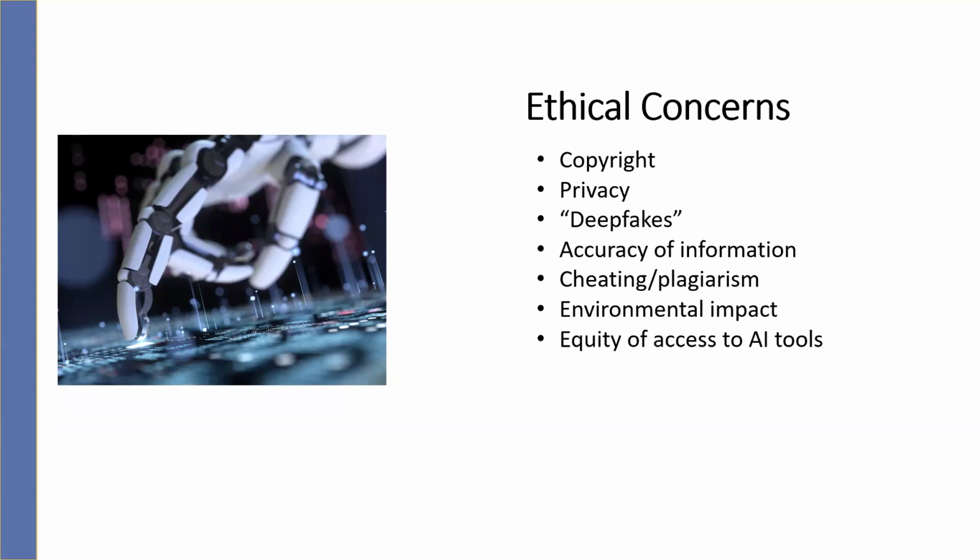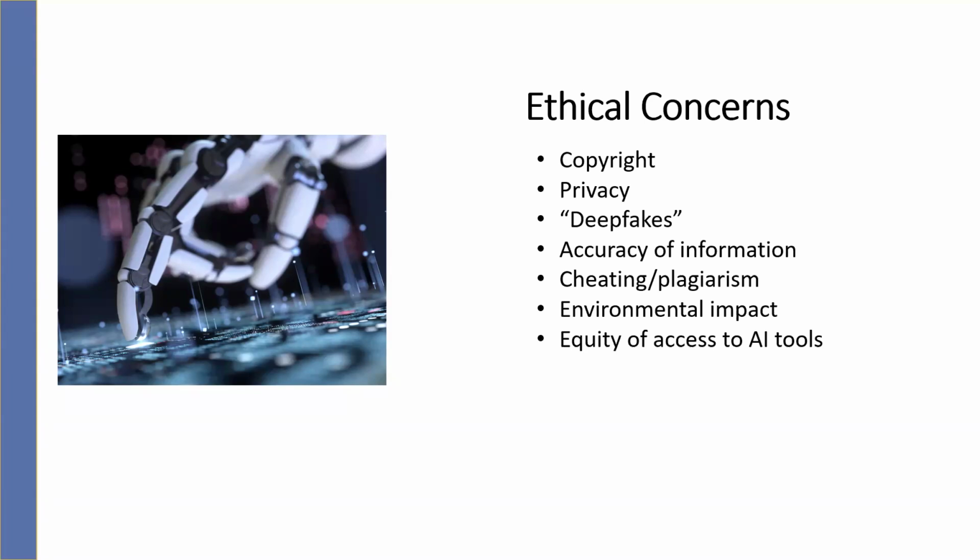So, making a fake pornographic video that appears to use the image of a celebrity, for example. This is something that's being debated in Congress right now. There's pretty strong bipartisan support for regulations addressing this particular use of AI. So just be aware that this is a concern.